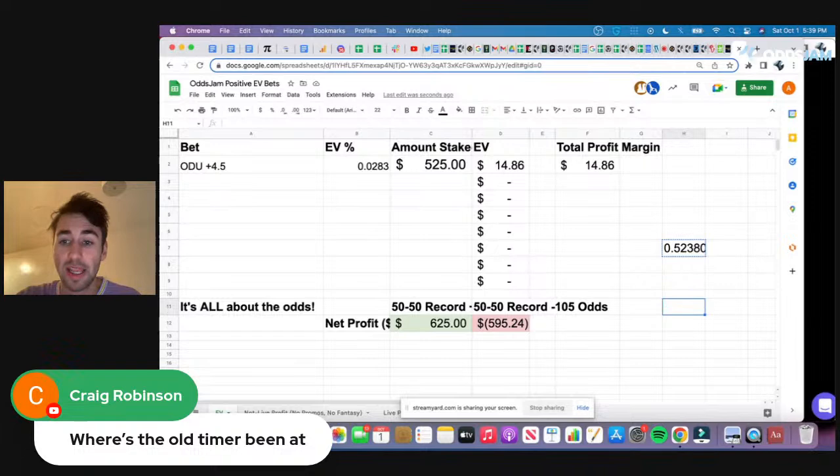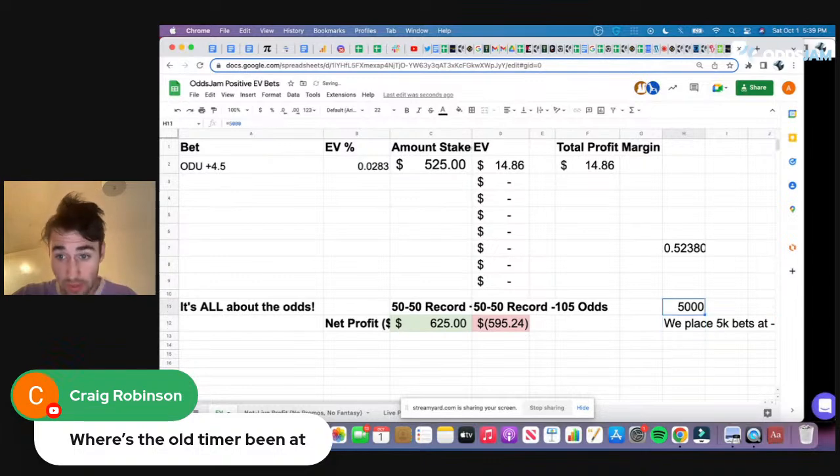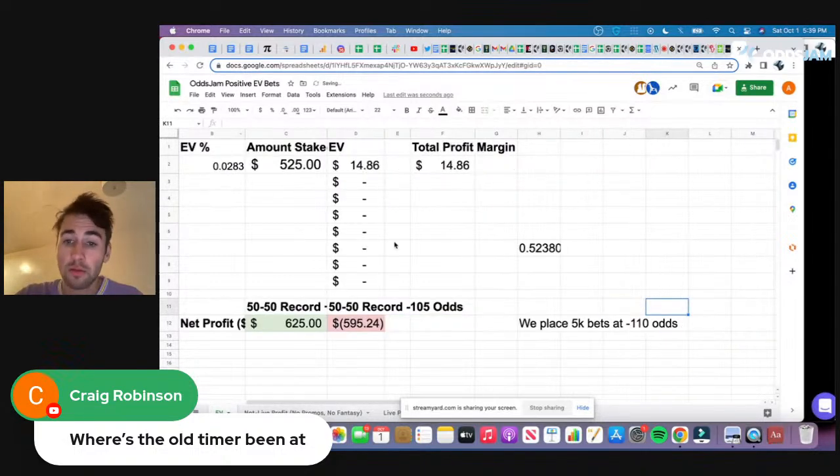Let's say we placed 5,000 total bets at minus 110 odds. I'll just type this out. So we place 5K bets at minus 110 odds. Let's just assume we did that, right?